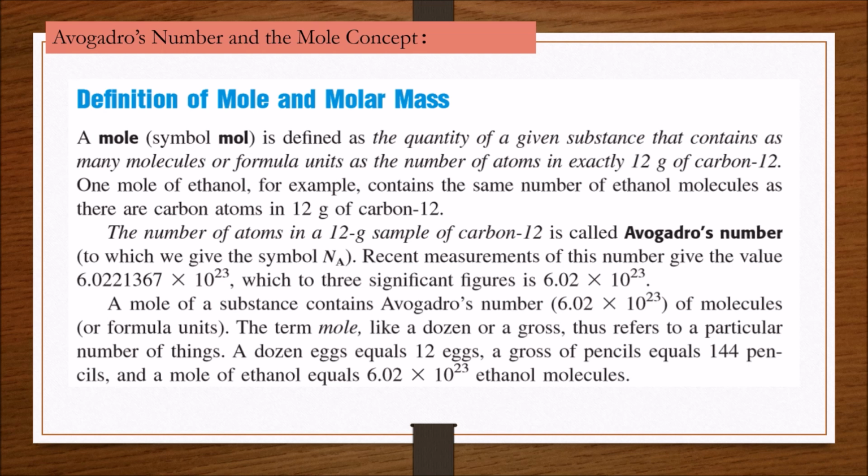When you say a dozen eggs, it equals 12 eggs. When you say a gross of pencils, it equals 144 pencils. Therefore, a mole of ethanol equals 6.02 times 10 to the 23 ethanol molecules.